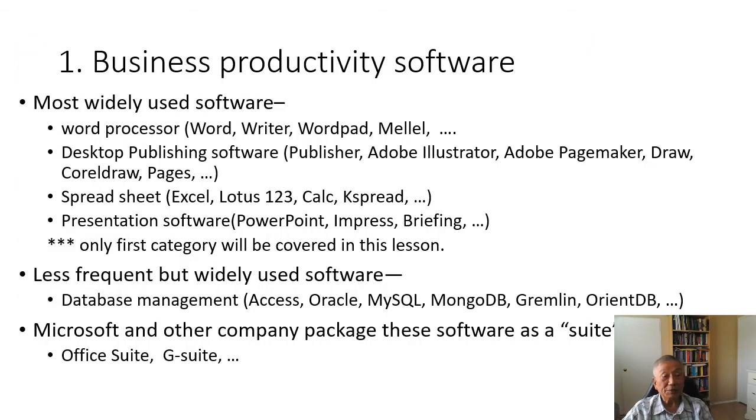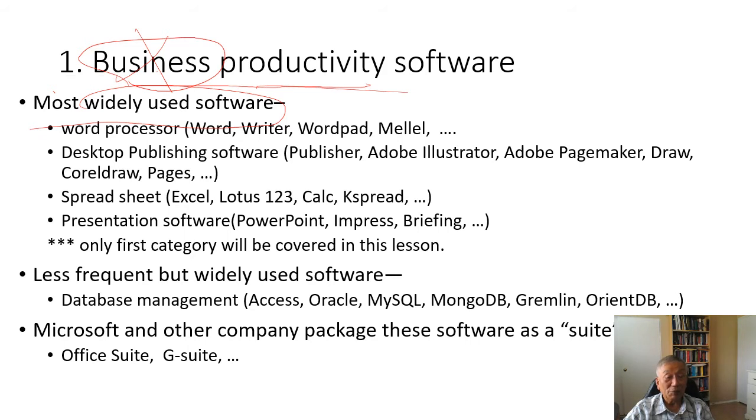So looking at business productivity software, the most widely used type of software is business productivity software. I don't think they have to call it business, because it's confusing, so I usually call it productivity software.